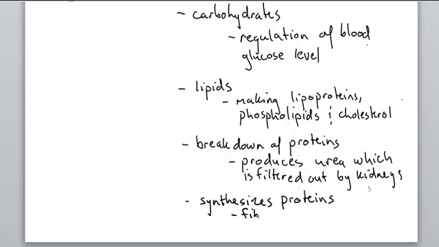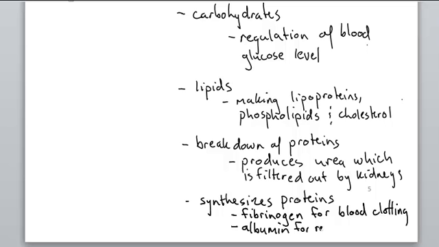One is called fibrinogen, for blood clotting, and the other is called albumin, for regulating blood pressure.